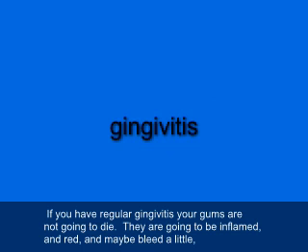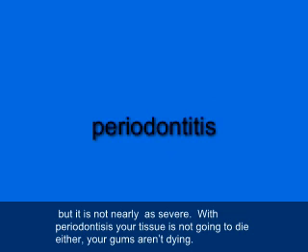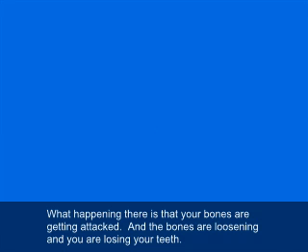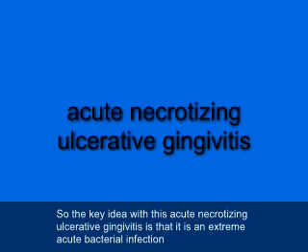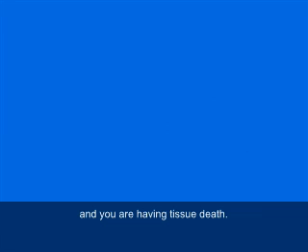They're going to be inflamed and red, maybe bleed a little, but it's not nearly as severe. With periodontitis, your tissue's not going to die either. Your gums aren't dying. What's happening there is your bones are getting attacked, and the bones are loosening, and you're losing your teeth. So the key idea with this acute necrotizing ulcerative gingivitis is it's an extreme acute bacterial infection, and you're having tissue death.